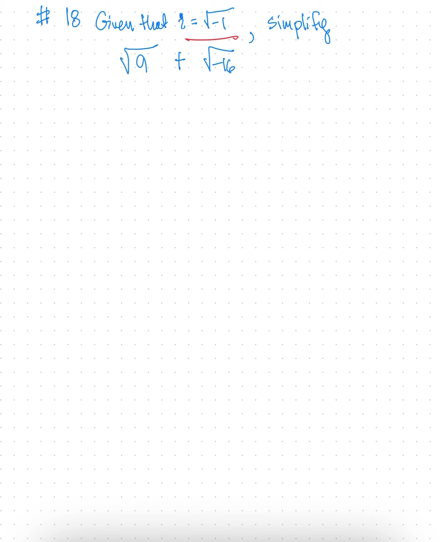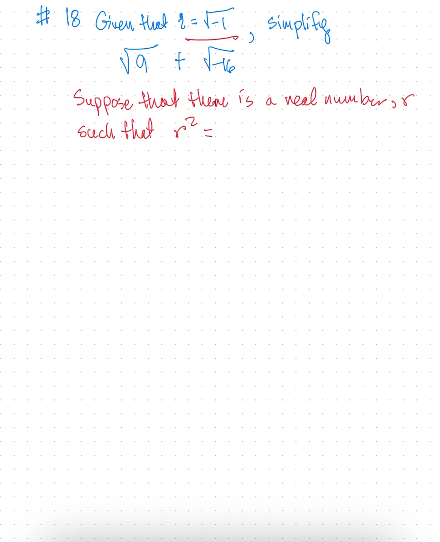Let's suppose that there is a real number, let's call that real number r, such that r squared is equal to -1.